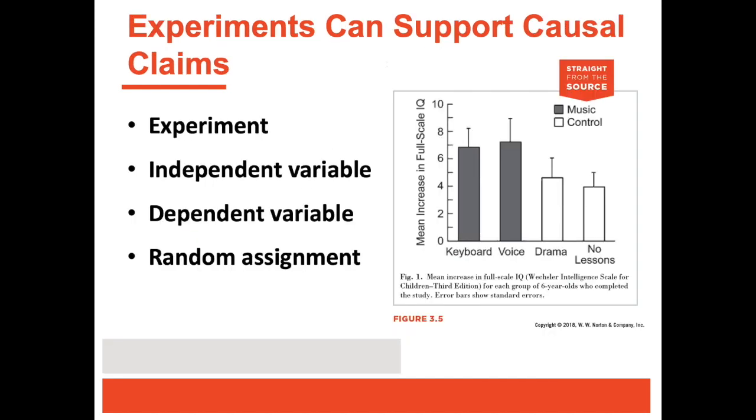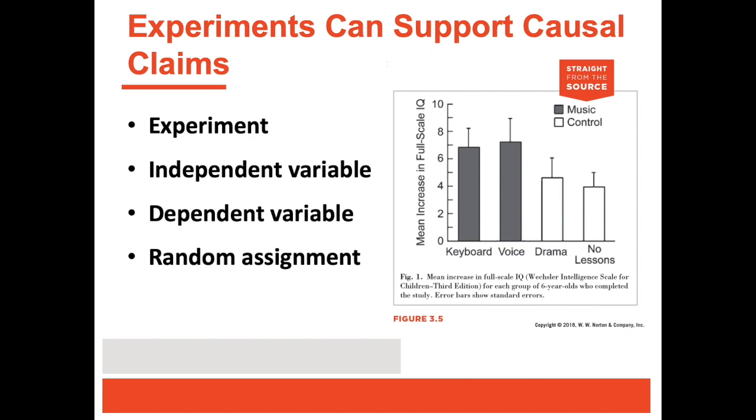So the reason why I bring up random assignment is because it is one of the best ways to support a causal claim. So experiments are what we, in psychology, build on to establish causation. An experiment is where we have people come in, we manipulate one variable, that'll be called the independent variable. By manipulating, we put them in a group.